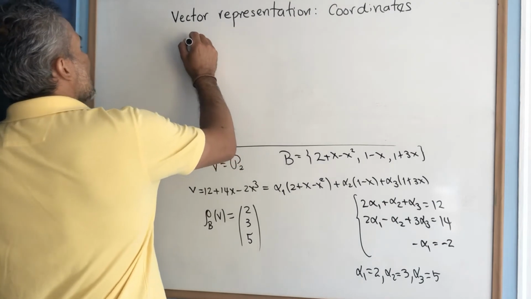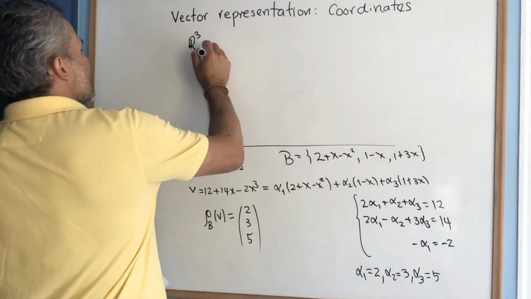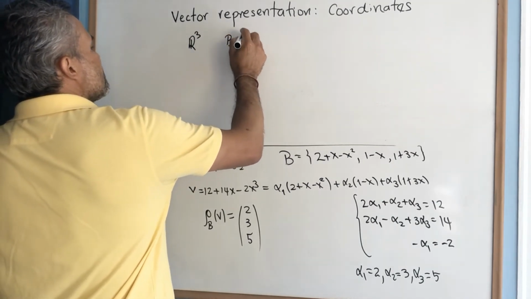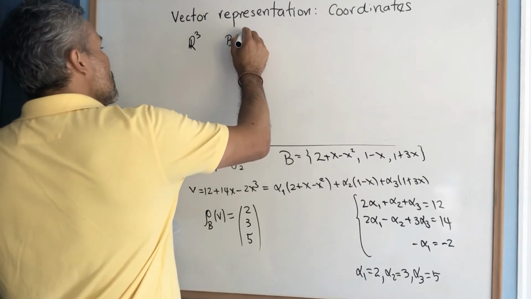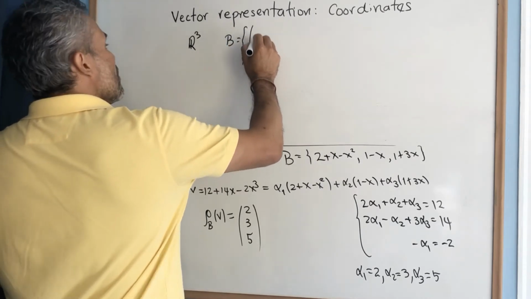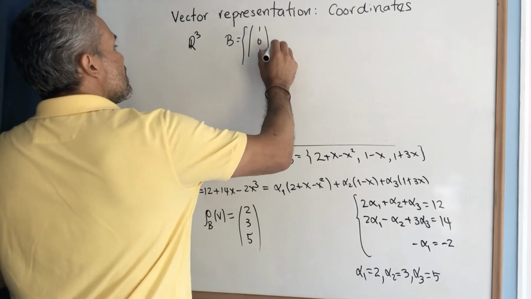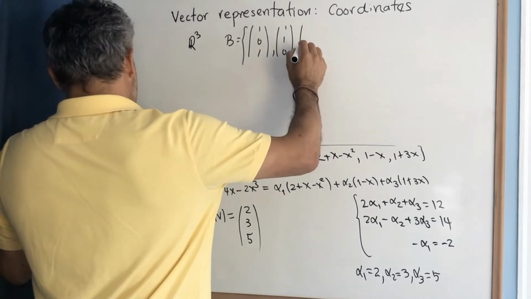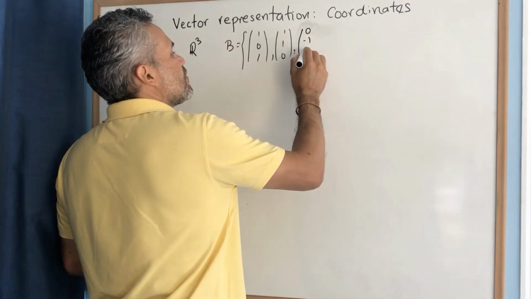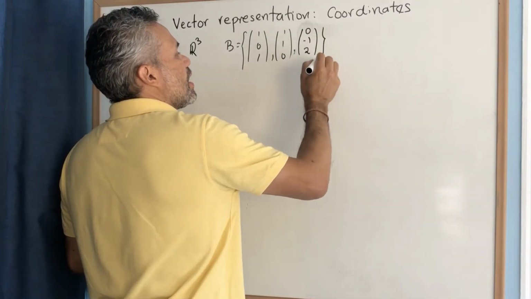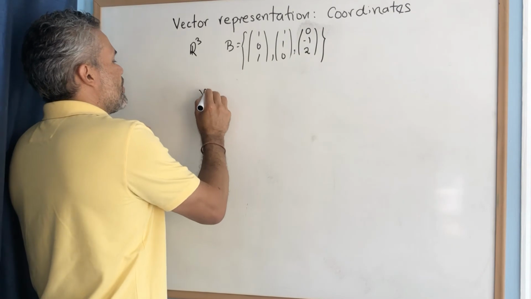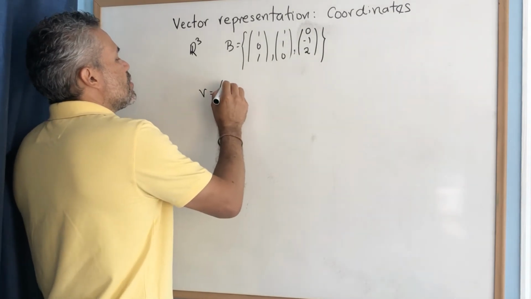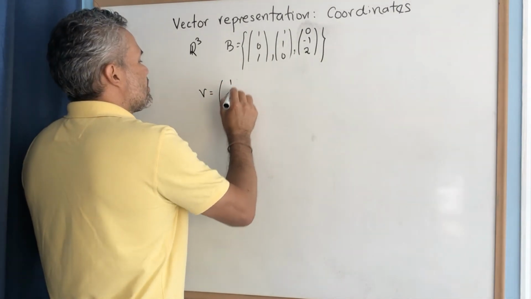Let's suppose that we have the vector space R3 and we have the basis B equal to (1, 0, 1), (1, 1, 0), and (0, negative 1, 2). And let's take the vector v equal to (1, 4, negative 3).